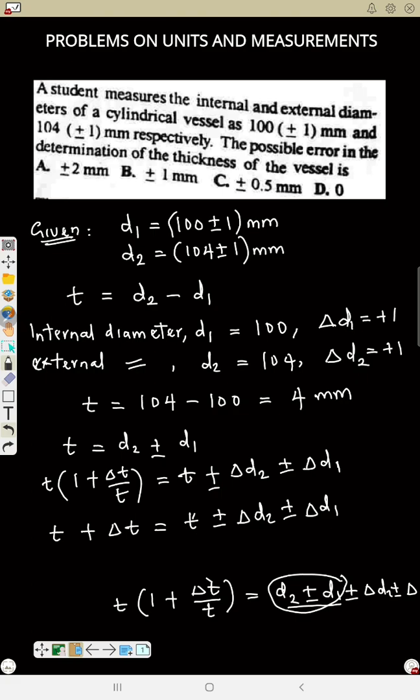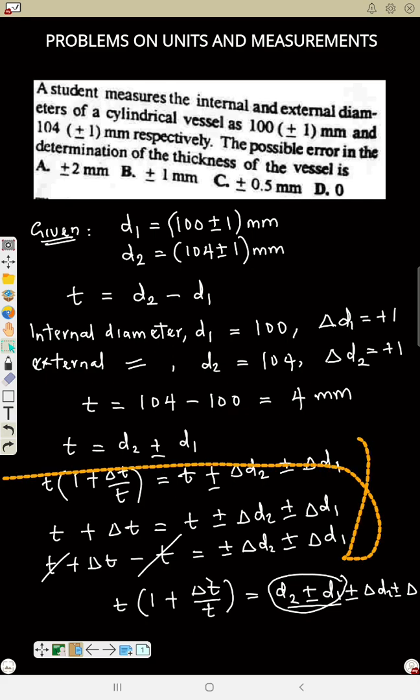So if you collect like terms, this t will come to this side, so t minus t will be 0. So that means it will be like t plus delta t minus t is equals to plus or minus delta d2 plus or minus delta d1. So t will cancel out, so it will remain delta t. So that is a possible error in t.